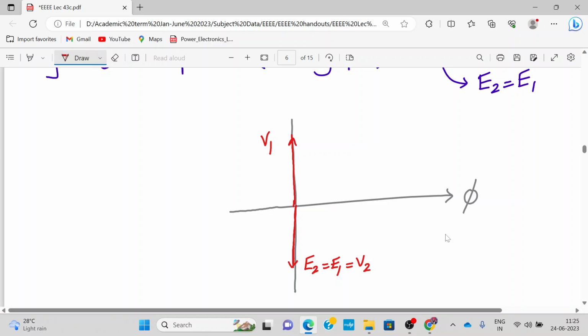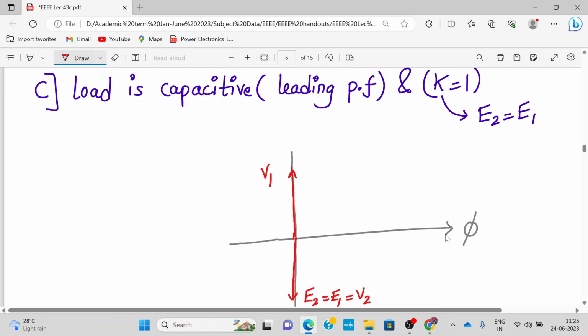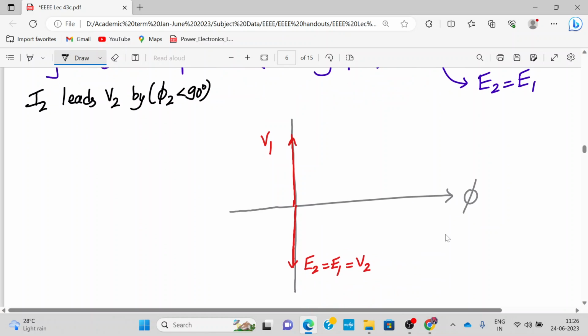Now we say the load is capacitive. In a capacitive load, what happens? The current lags. No, the current leads the voltage, not lags. Current leads the load voltage V2 by an angle phi 2 less than 90 degrees. So leading means it will come over here.